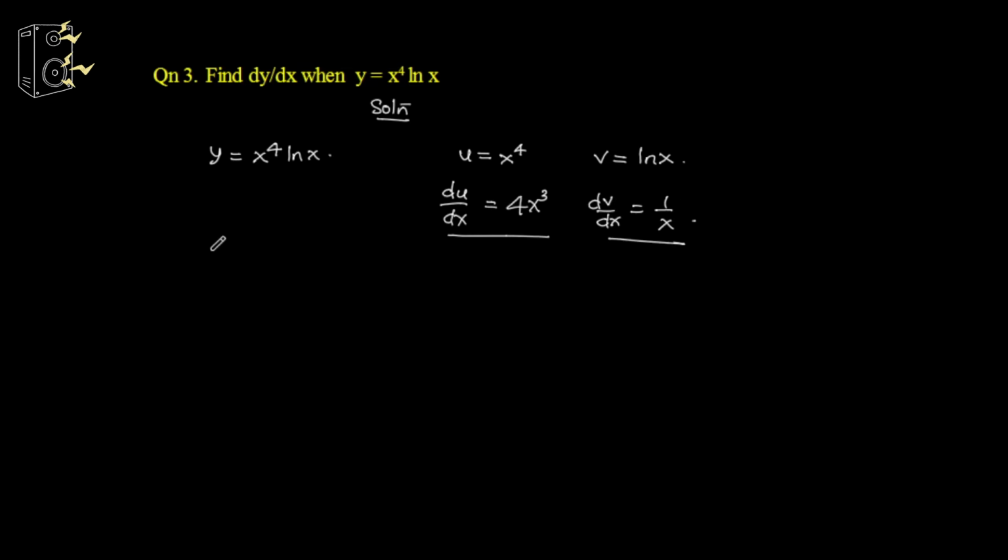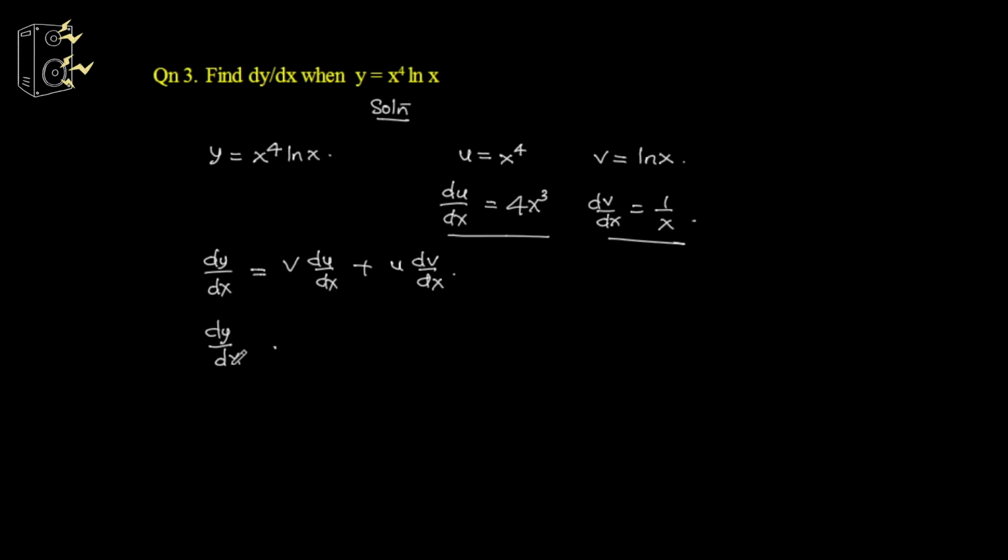Now we can combine them using product rule, that is dy by dx equals v du by dx plus u dv by dx. And then we can make substitutions.